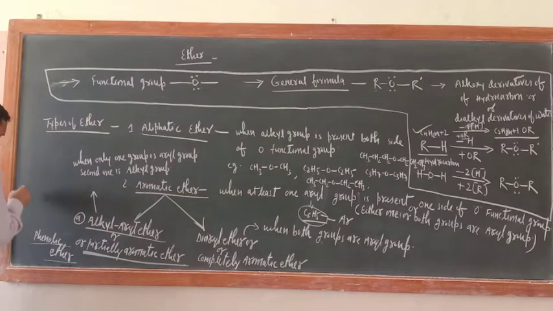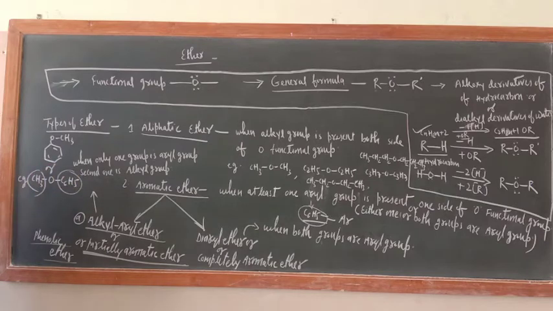See the examples of this category. One side CH3O, the CH3 group is there, other side C6H5 is there. You can make like that also, benzene ring, and here OCH3. Okay, correct or not? So one side alkyl group is there, other side aryl group is there. That is why they are known as alkyl aryl ether.